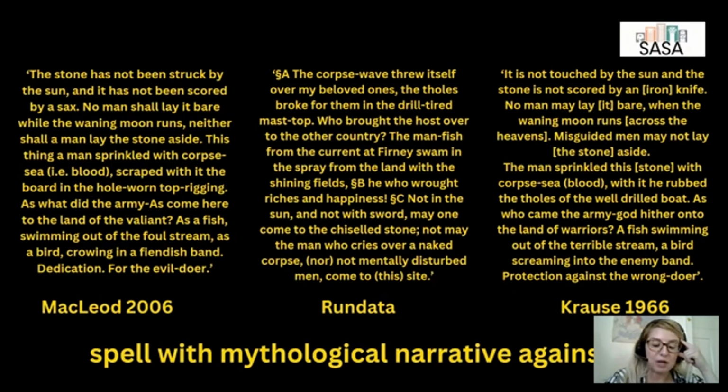And as for the man sprinkling with blood, well, here there are also 2 possibilities. You can either take this quite literally, like blood was used in rituals. We know that from other sources as well as from archaeology. It was used in order to sprinkle, for example, the halls where the sacrifices of animals took place.